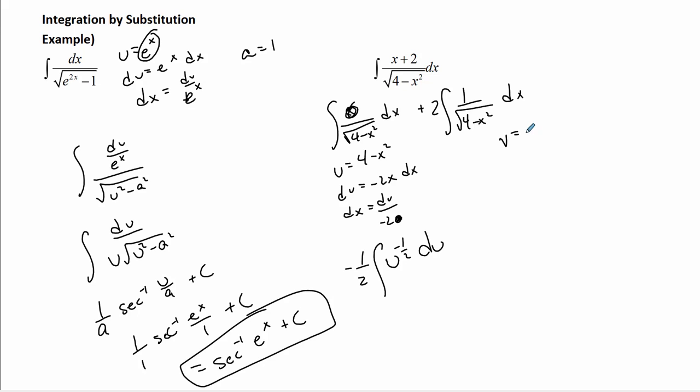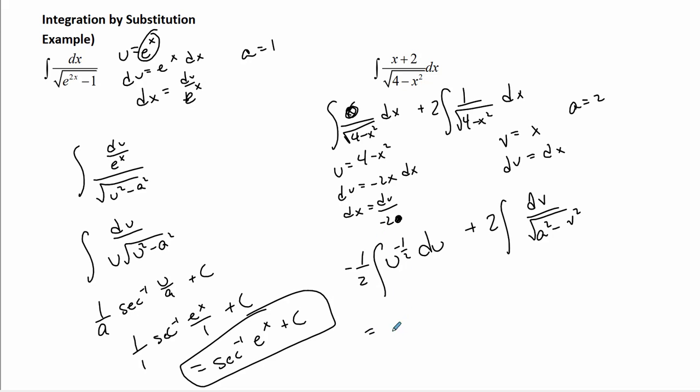So v is equal to just x, and then dv is equal to just dx. And then our a is 2, so the square root of 4 is 2. So I can see that this is really plus 2 times the integral of dv over the square root of a squared minus v squared.